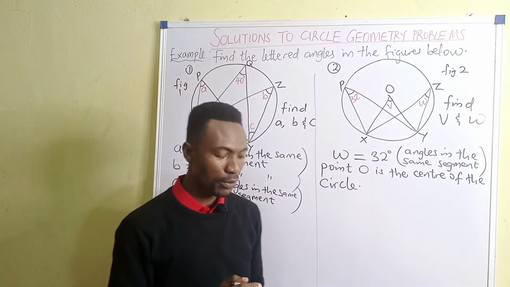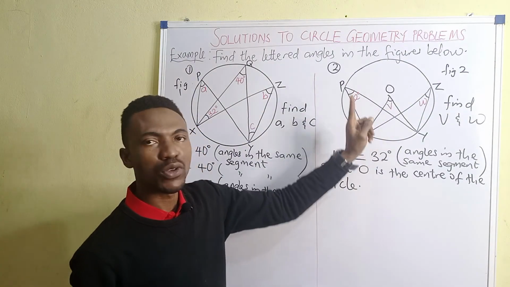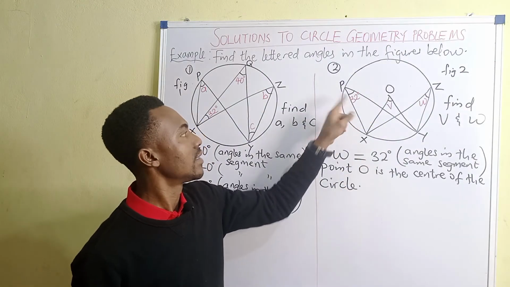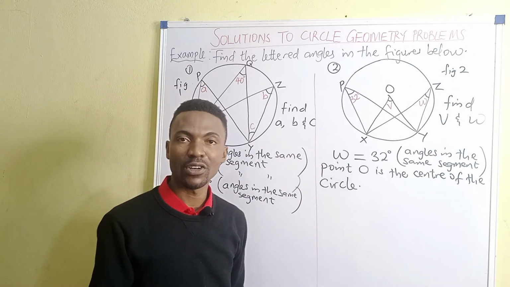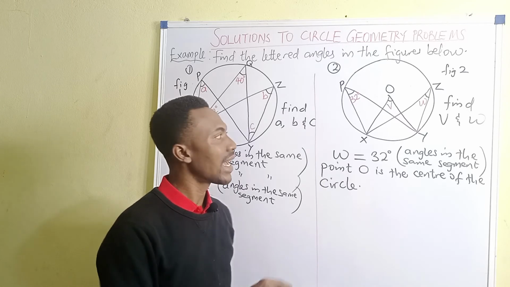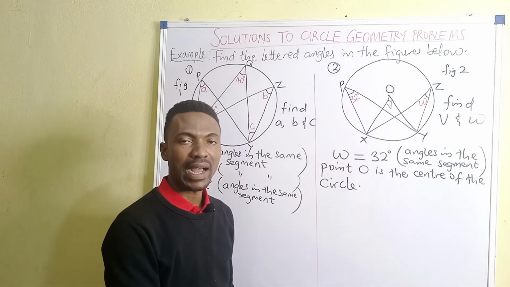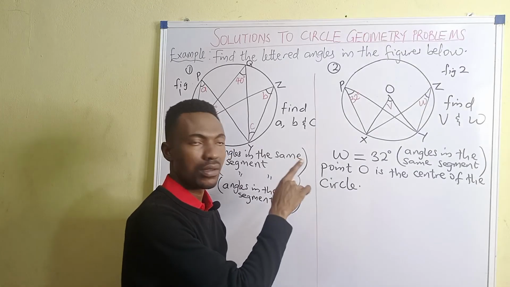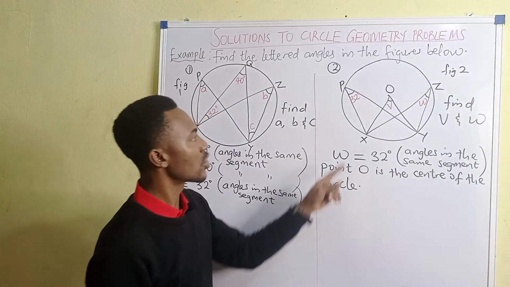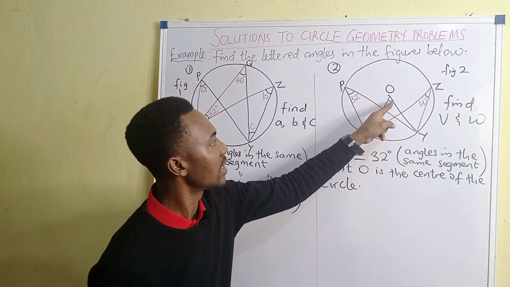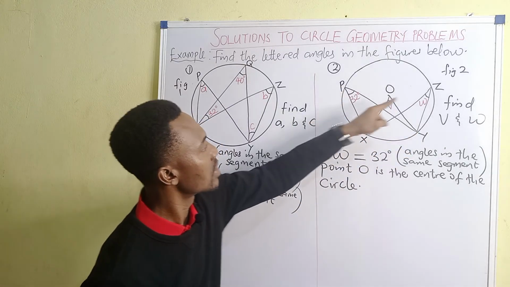Now, how do we find V? V is the angle subtended at the center, and 32 is the angle subtended on the circumference. Don't forget that our second theorem in the previous video said the angle subtended at the center is twice the angle subtended by the same arc on the circumference. Angle subtended by an arc at the center is twice the angle subtended by that arc on the circumference.